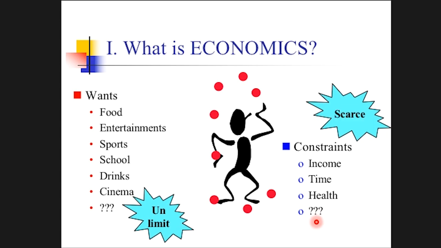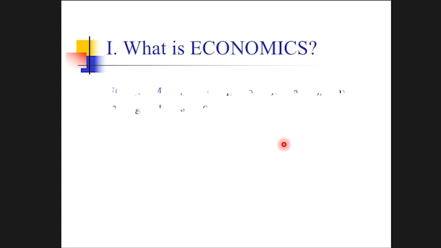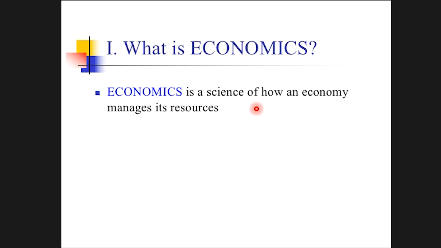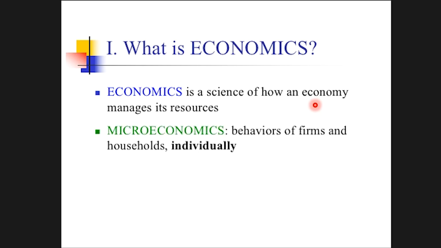So now, economics is a science to study this person. It means that economics is a science of how an economy manages its resources. And there are many agents and many aspects of the economy. If we study each individual in the economy, this belongs to the field of microeconomics.